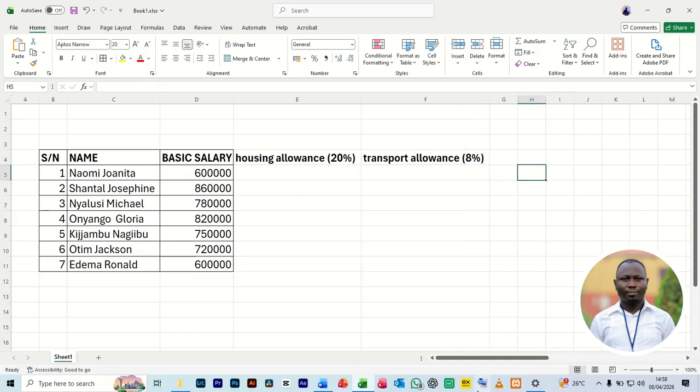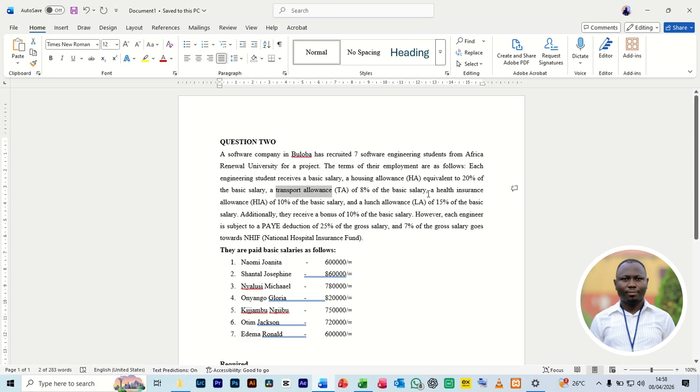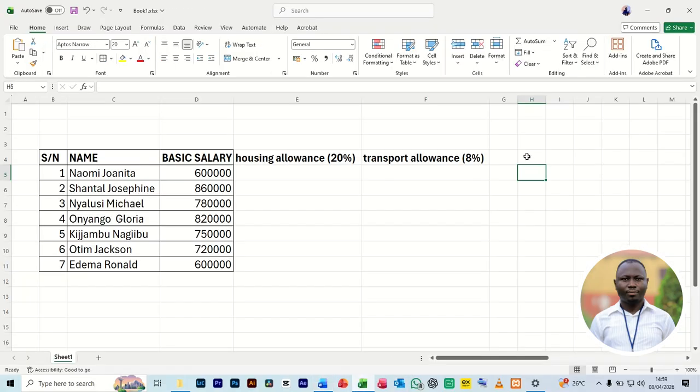What's the next allowance? Let's look for it. The next allowance is health insurance allowance, after the transport allowance. So we're going to have it here.